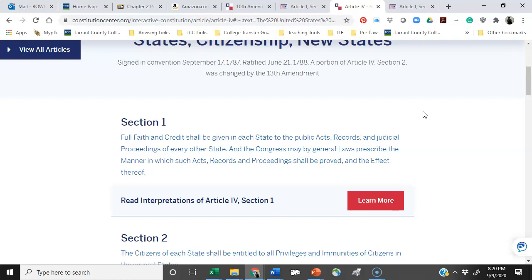If someone has a lawsuit and they won a lawsuit in Hawaii and they move to Texas, if they bring that judicial proceeding to a court in Texas, Texas has to help them enforce it.